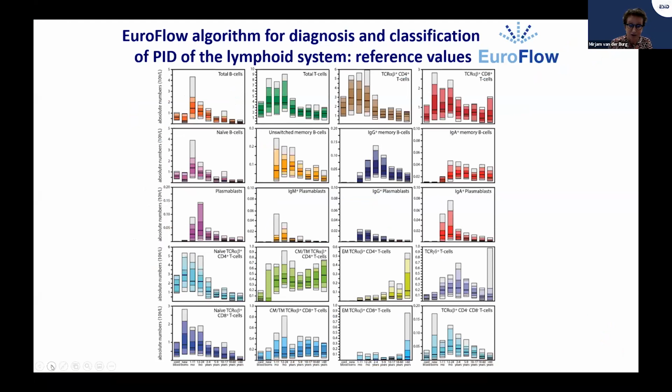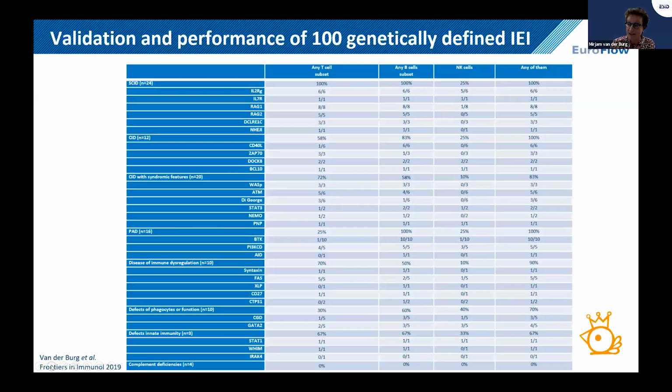I think the strength of what we did with the Euroflow Consortium is that we also generated a lot of reference values, because when you use flow cytometry in diagnostics for inborn errors of immunity, it's crucial to have the reference values of the age-matched controls. That's also what we did over time.